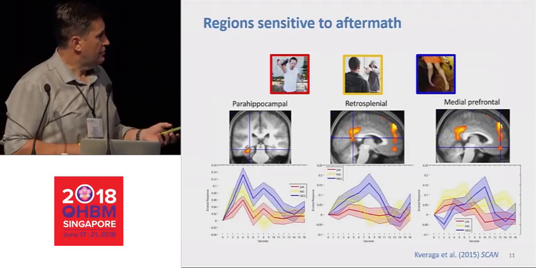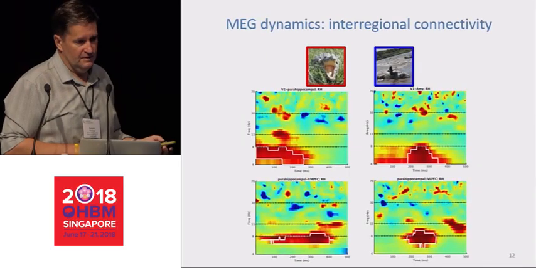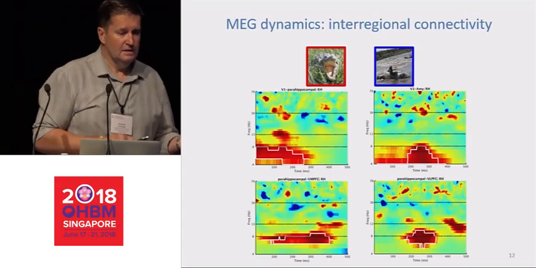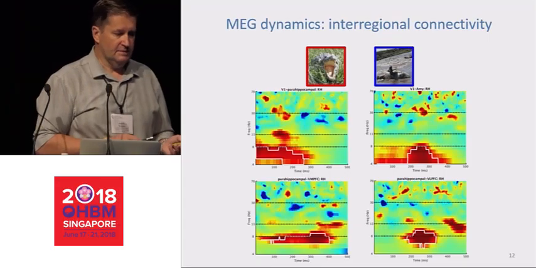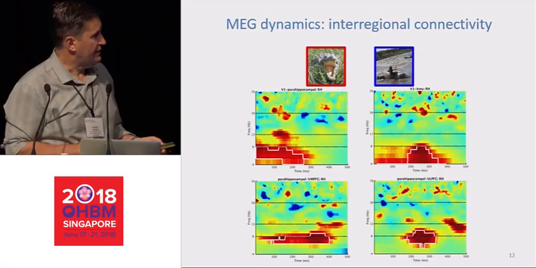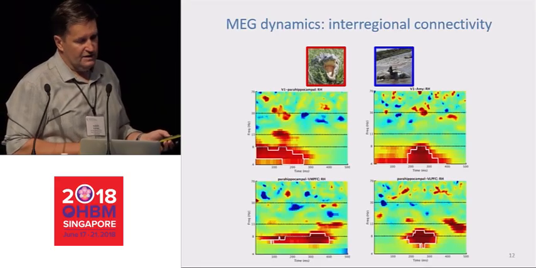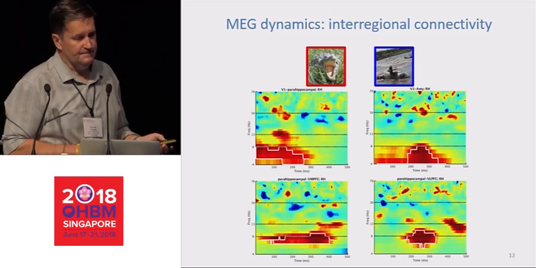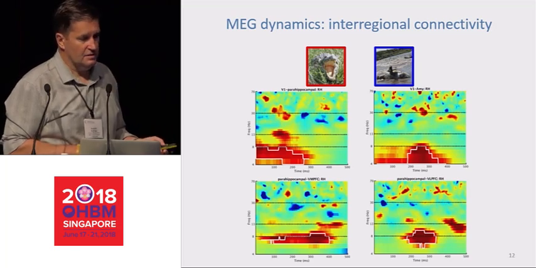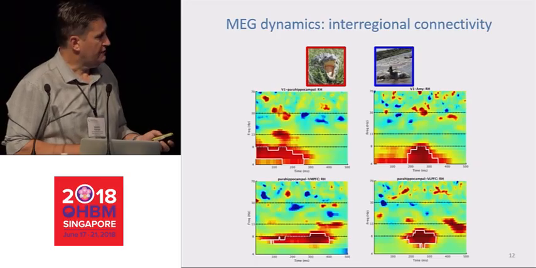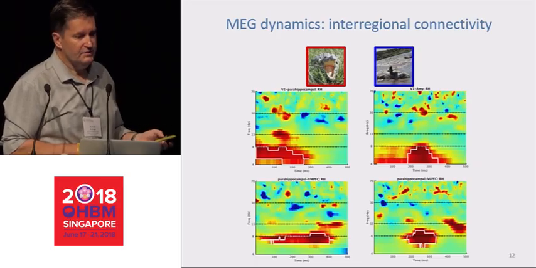Okay, so we looked at also MEG dynamics during the same task, and here I'm comparing the direct threat versus the merely negative or threat aftermath images. The red here is the activity that is stronger for the direct threat images.